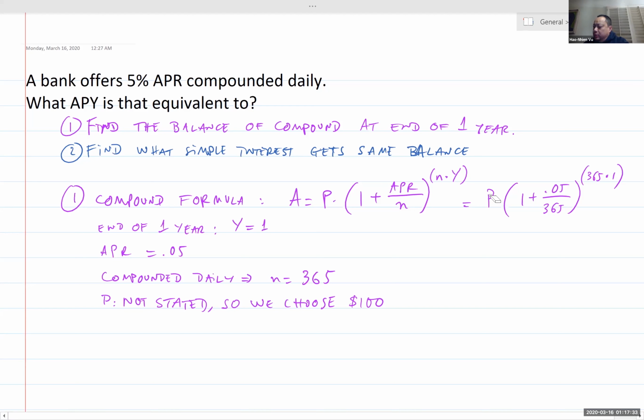So we're gonna put 100 in for the place of p, and I compute this out with a calculator. 100 times parentheses 1 plus 0.05 divided by 365 close paren, and I raise to the power, and all of 365 times 1 I put in parentheses. And I get 105.12 something.